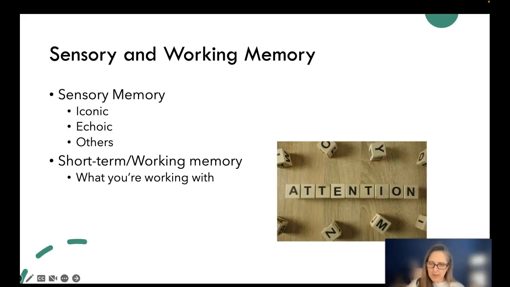Your eyes have passed over that information, so that information has made its way into your sensory memory. But if you didn't attend to it, it never got processed and passed on into working memory. So that's the key, attention. You have to attend to it in order to get it from sensory memory into working memory.